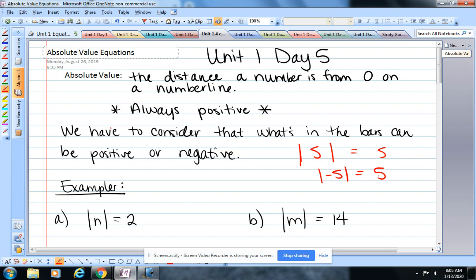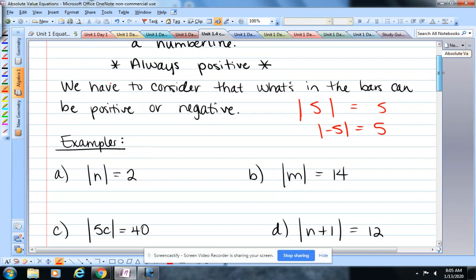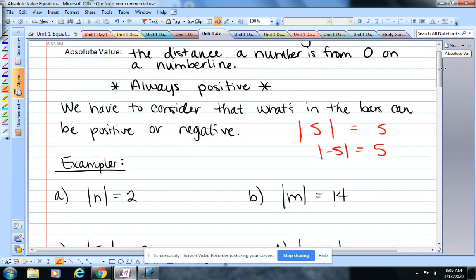All right? So let's just do some equations. I don't want y'all to look ahead. So for example, the first one says the absolute value of n equals 2. Well, what possible numbers could n be? Yes, 2 or negative 2. So this one is really easy.